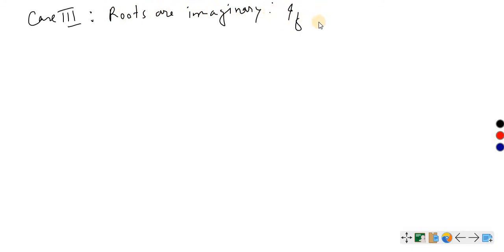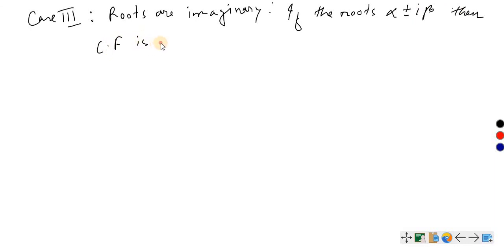So if the roots are alpha plus minus i beta, so this is a complex number, remember. Alpha is a constant, beta is a constant, and i is the imaginary number. So wherever you get this i or this type of format, it is a complex number, remember.